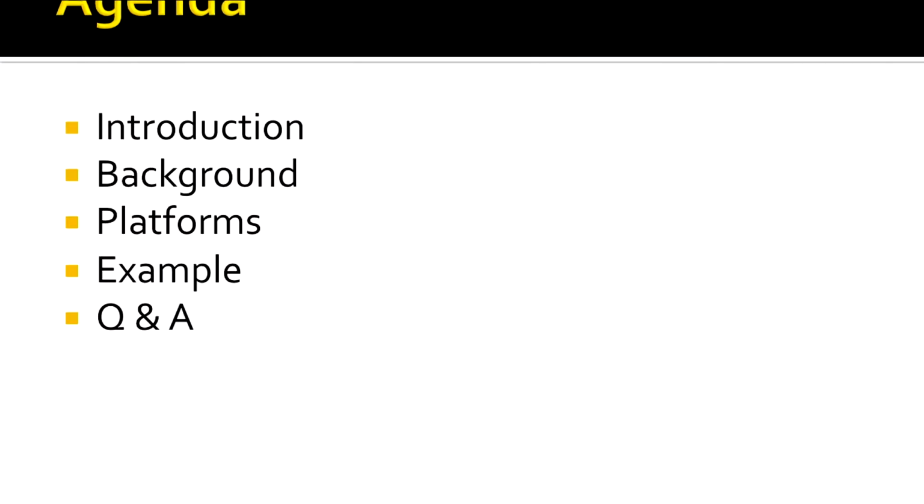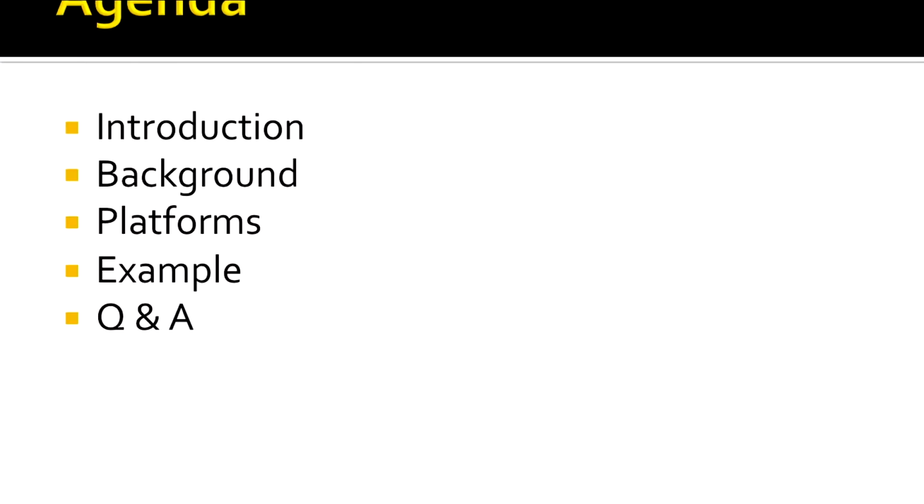Just the quick agenda for the talk: a quick intro; background, which is the classroom learning about what glitching is; platforms, which is some of the various hardware platforms I've come up with in the last couple of years. Some of them were epic failures, some of them actually seemed to work, so it'll be an explanation of the pros and cons.